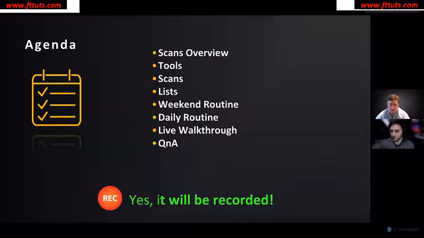And so one of the questions that I always get is, how do I scan? How do I find names, etc.? Before I hop into all the different scans, lists, etc. that I do use, I want to emphasize that I really do just look through charts, and I often do trade a lot of the same names over and over again.